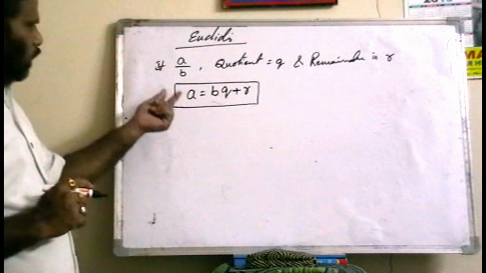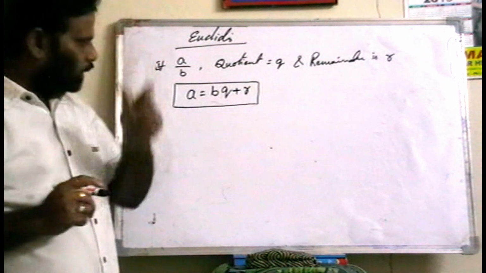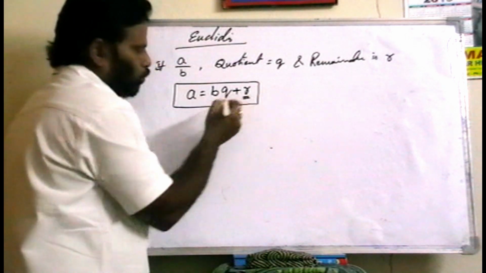In this Euclid division algorithm, A is equal to BQ plus R, where R is the remainder.